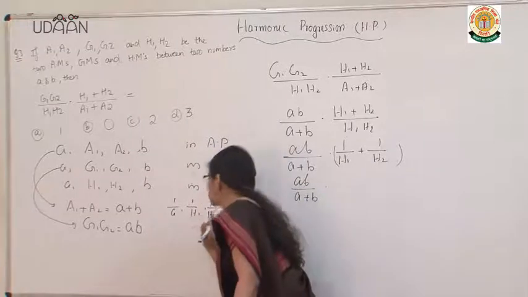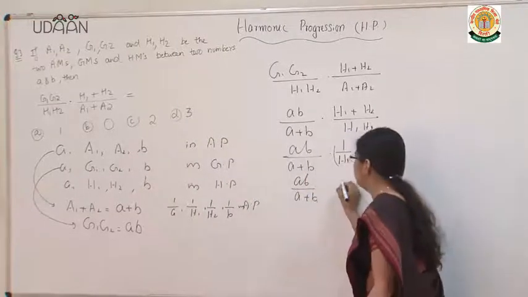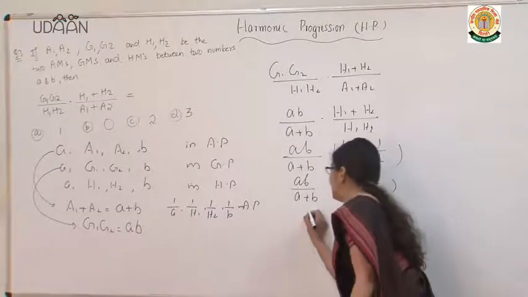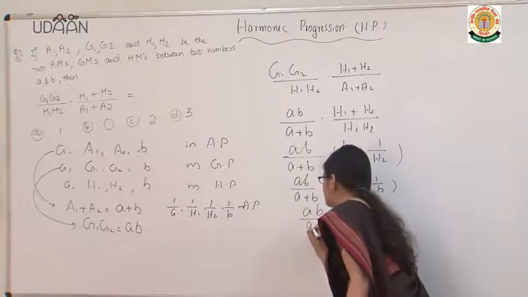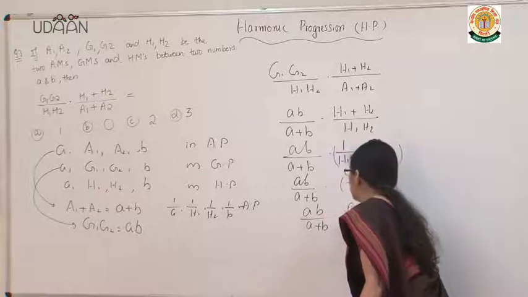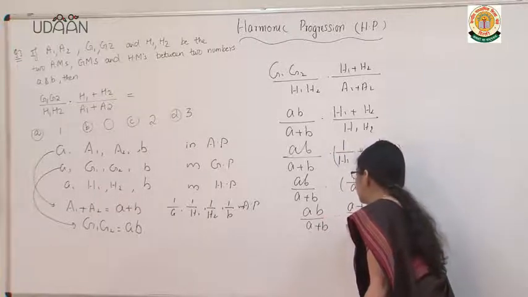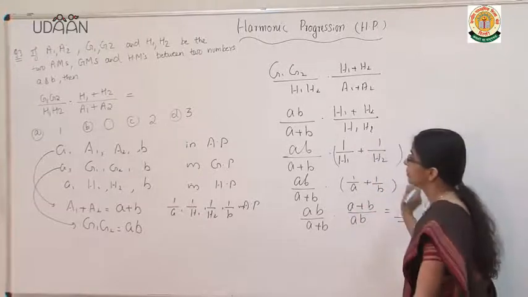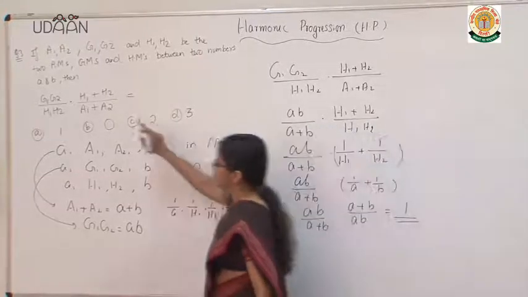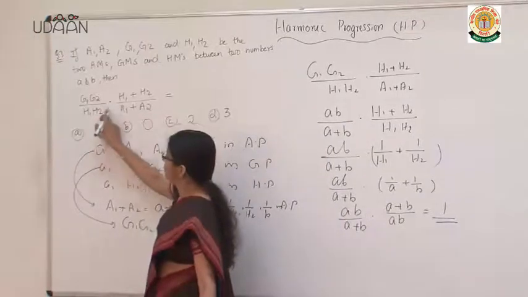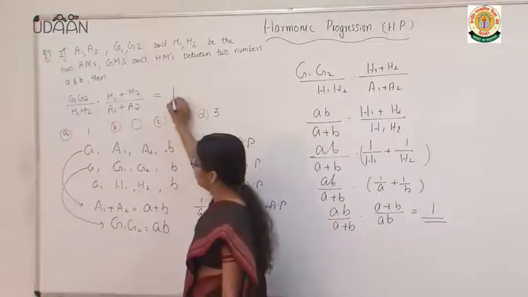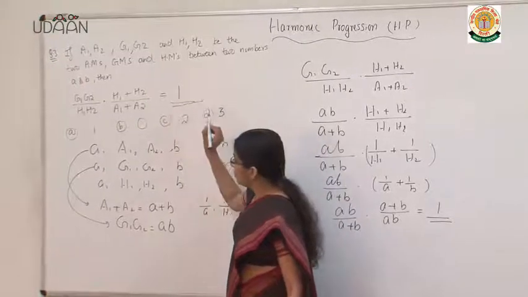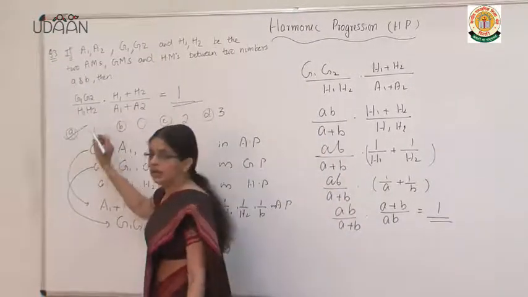So 1 by H1 plus 1 by H2 will be 1 by A plus 1 by B. Simplifying, AB by A plus B into A plus B divided by AB gives you the answer 1. So the value of G1, G2 by H1, H2 into H1 plus H2 by A1 plus A2 is coming out to be 1. Option A is correct.